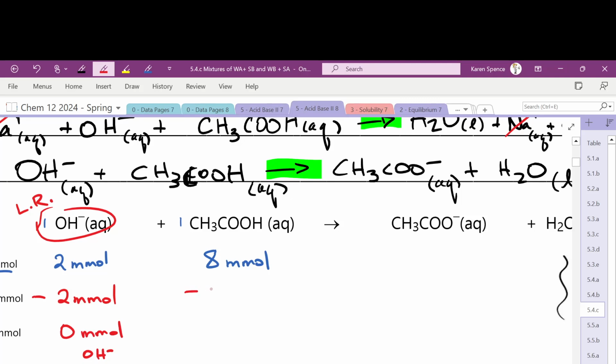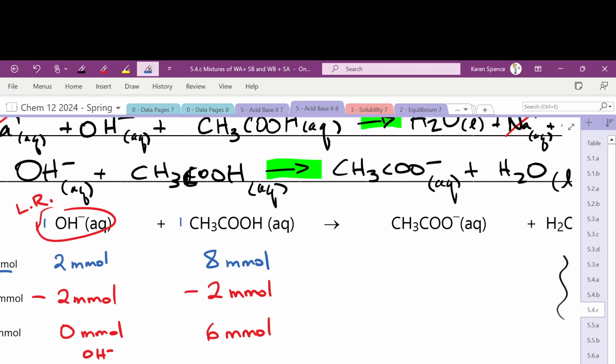We're also going to be using up 2 millimoles of the CH3COOH, and so we get 6 millimoles. I'm just going to write 6 millimoles there.